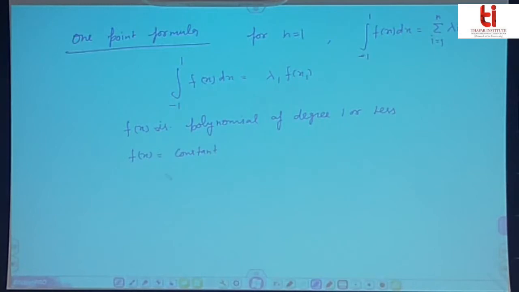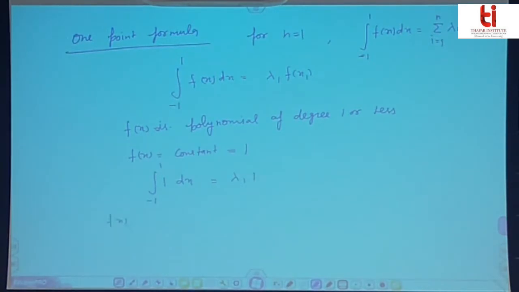So what we'll get here? f x constant, let us suppose f x equal to 1. So what we'll get here? dx from -1 to 1, and value is lambda 1 and f x1. The value of it is coming out to be 1.